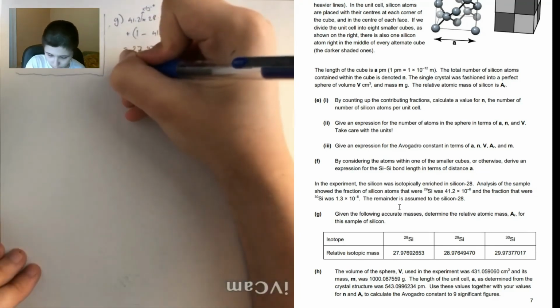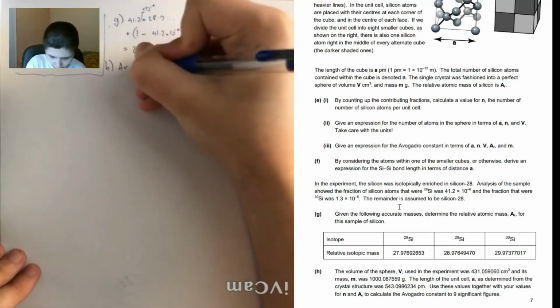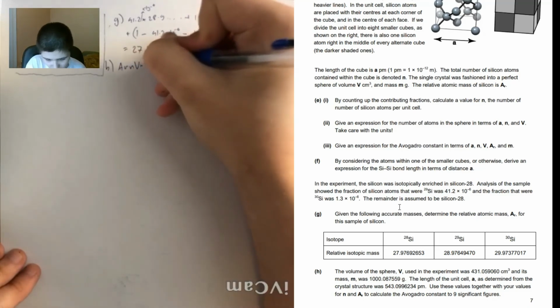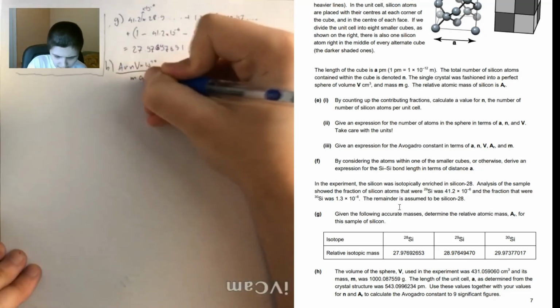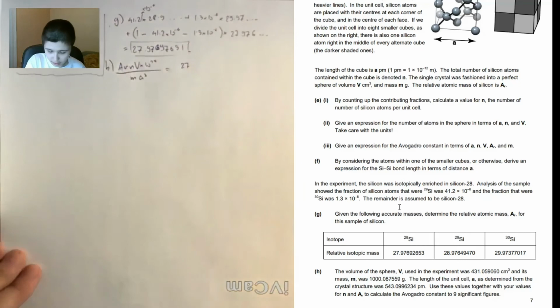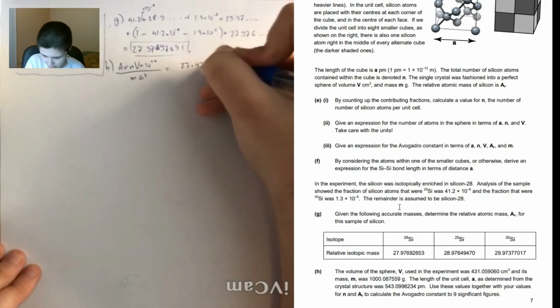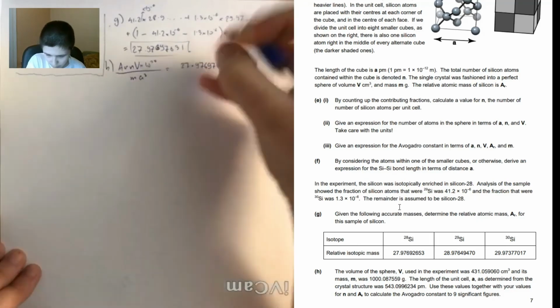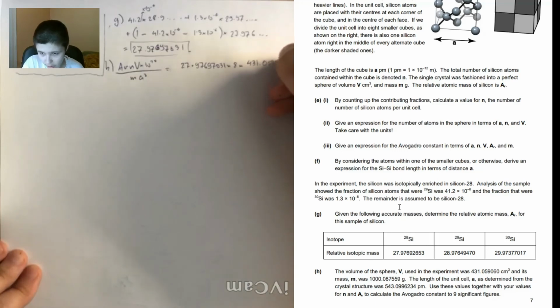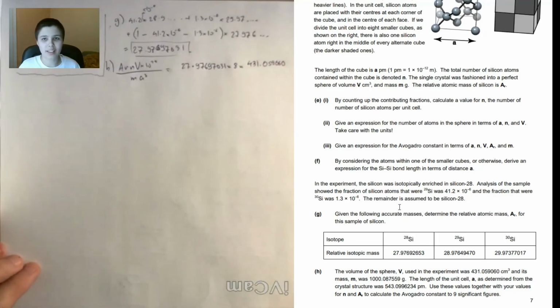The formula that we derived earlier was AR times NV times 10 to the 30 over MA cubed, giving me 27.9769703.1, that's AR, times N, which is 8, times V, which is given to us in centimetre cubed, 431.059060.